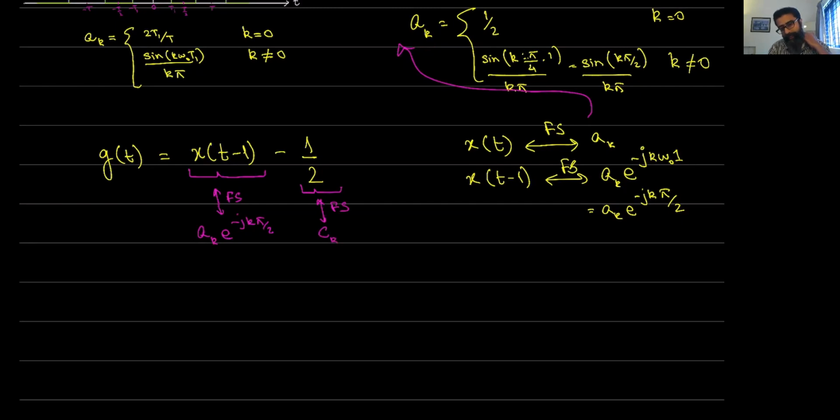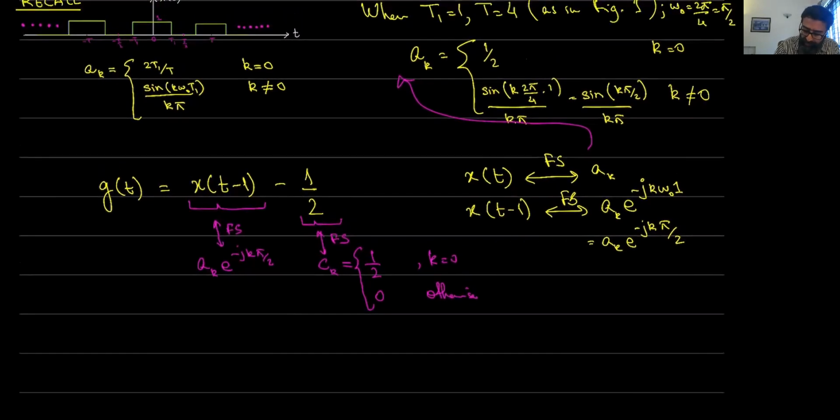You see, half is just really a DC signal, and a DC signal is always periodic. You can verify very easily that c_k's are going to be equal to half only when k equals 0 and are 0 otherwise.